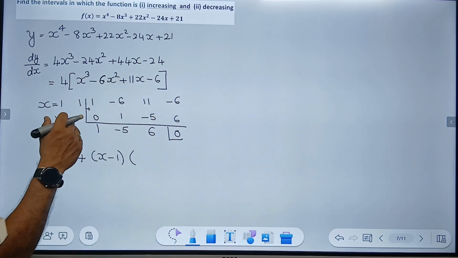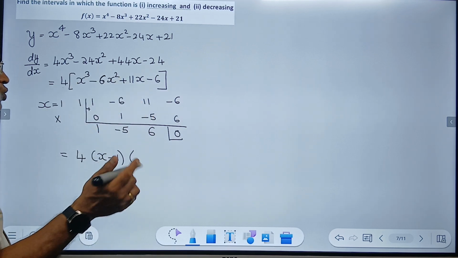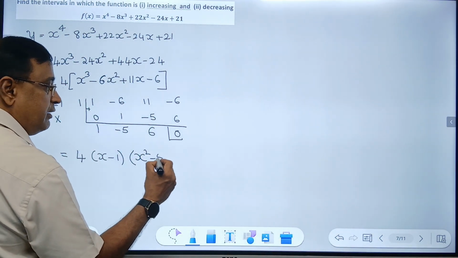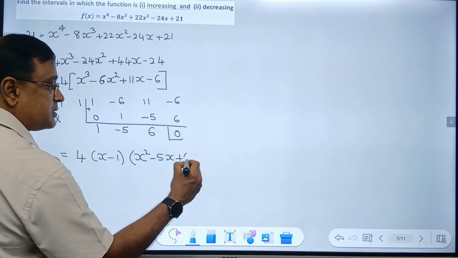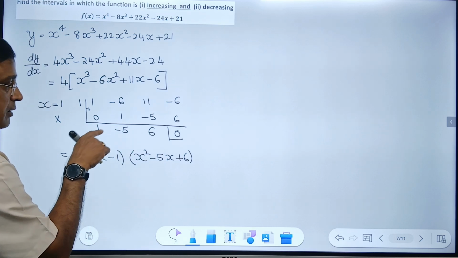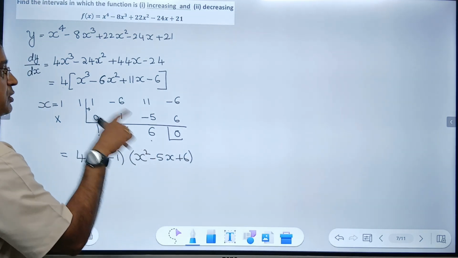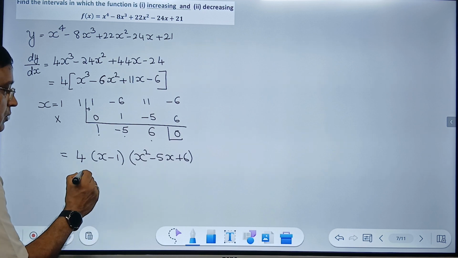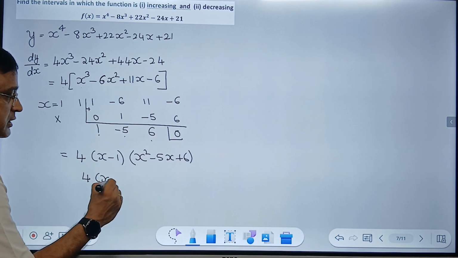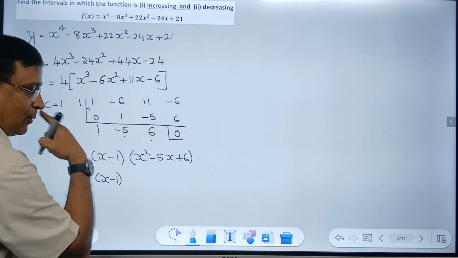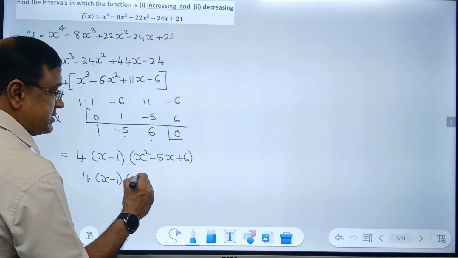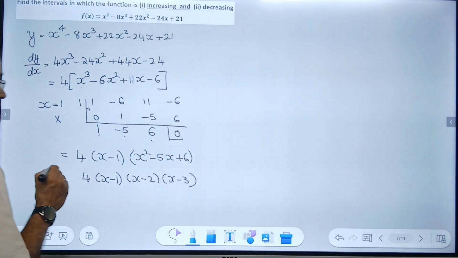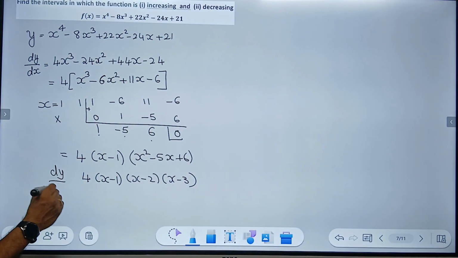So less than 3 means it starts from 2. So x square minus 5x plus 6. Because this is 3, you should write one degree less. So this is 4 into x minus 1, and this is a quadratic which can be factorized as x minus 2 into x minus 3. This is my dy by dx.